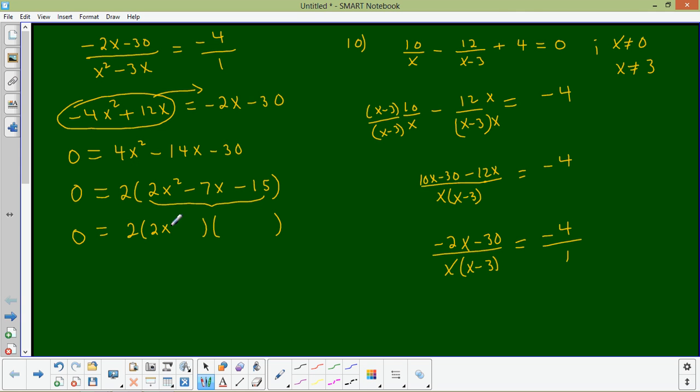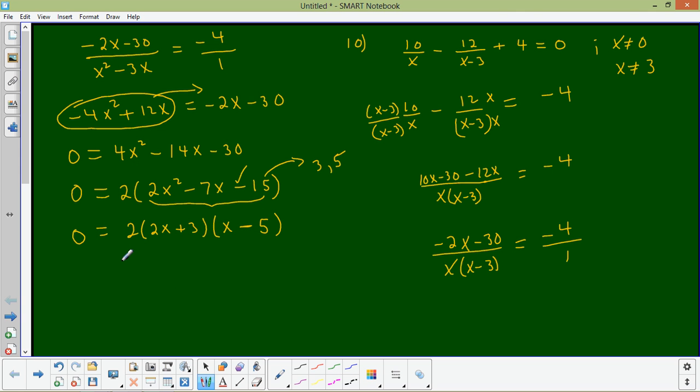I'm going to say it's going to be a 2x and an x. The signs are different. I need a 3 and a 5. Okay. So if I put the 5 here, can you see what I'm thinking? That's going to give me a 10x. And if I make it a negative 10x, and then put a plus 3 in here, signs are different, right? And so that's where we end up.